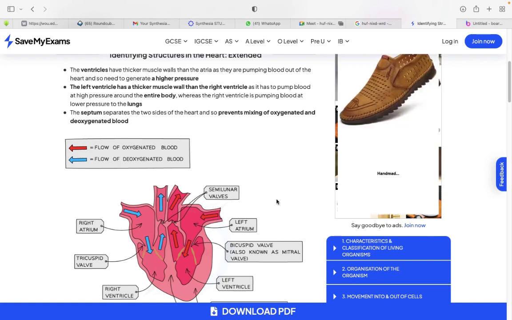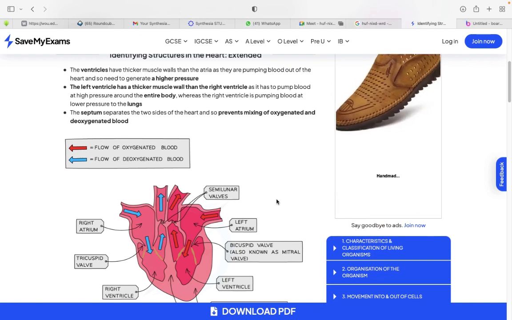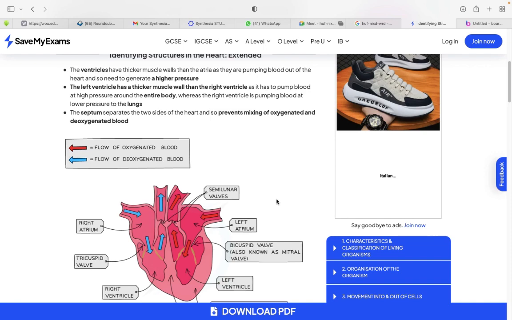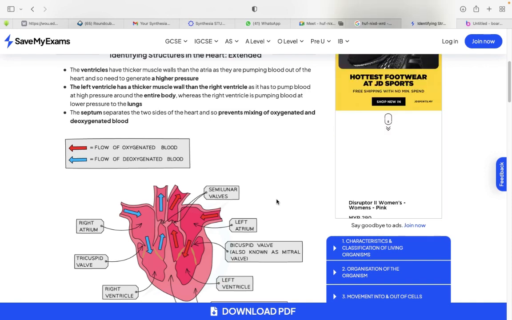But in between there are a lot of valves. There is a valve called the semilunar valve that connects the ventricle to the aorta, the biggest artery that takes the blood away from the heart. We're going to talk about all of these things.